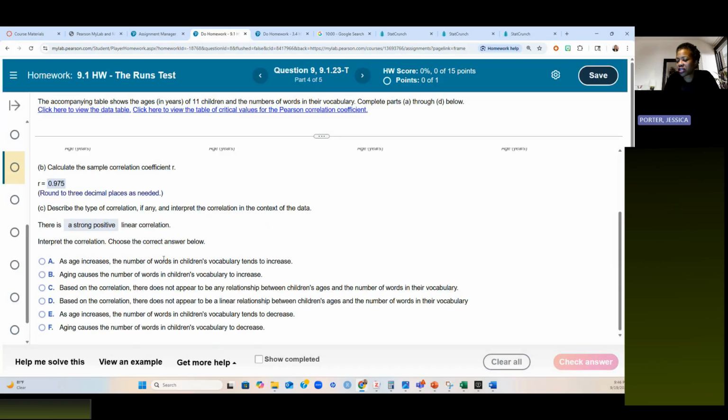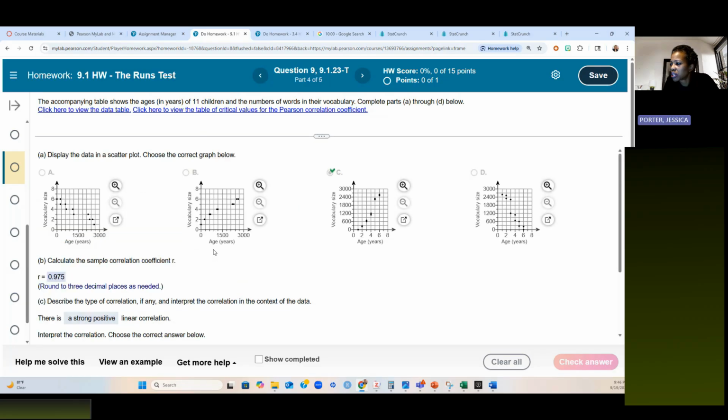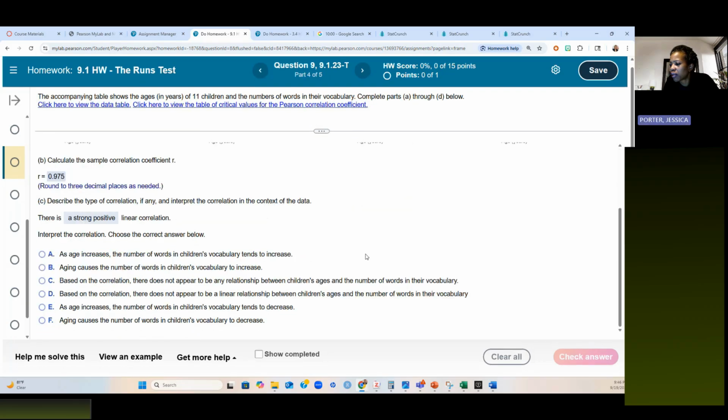Okay, interpret the correlation. What was this between ages and words in their vocabulary? I'll let you read through the choices and let me know which one, A, B, C, D, E, or F, is true.